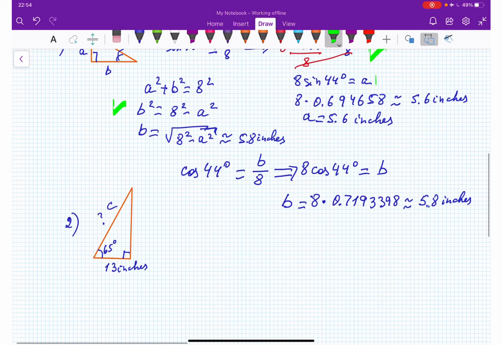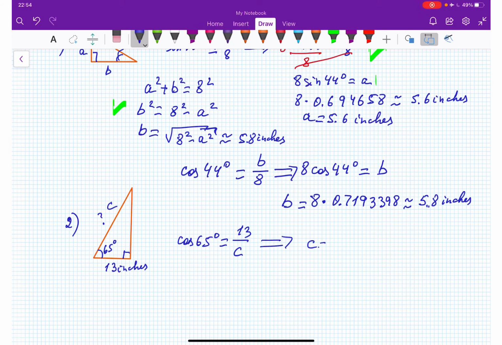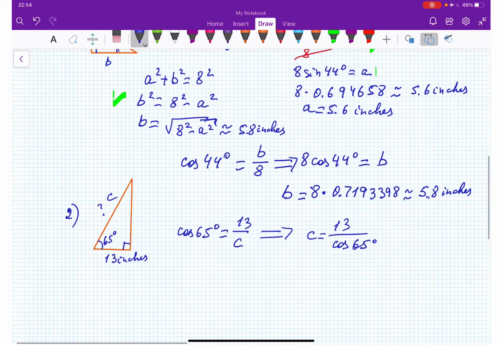So I'm using cosine 65 equal to 13 over the hypotenuse, which is C. From here, C is going to be equal to 13 divided by cosine 65.